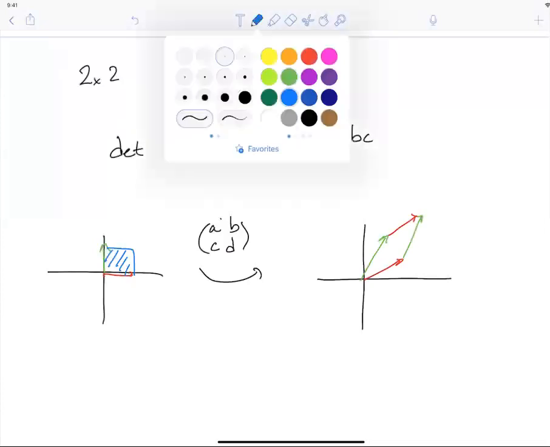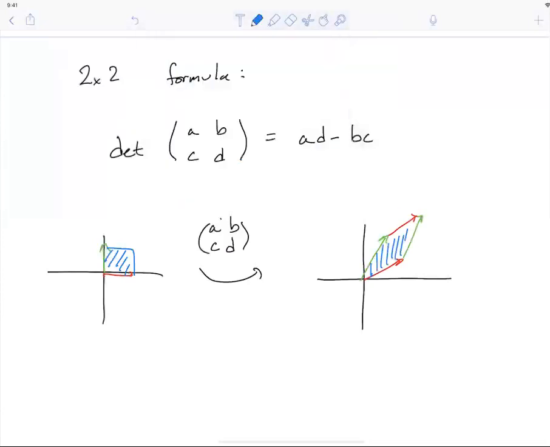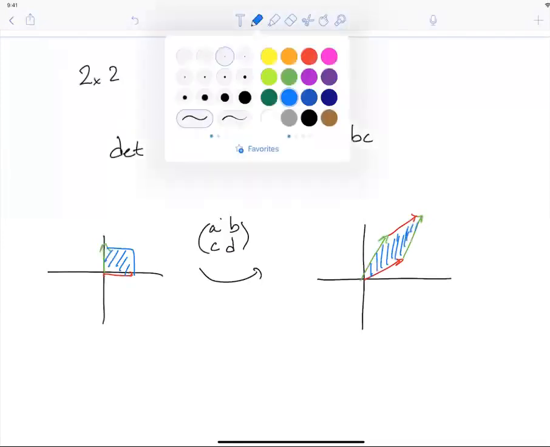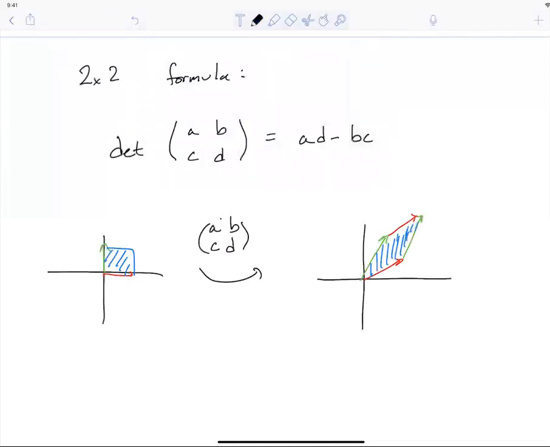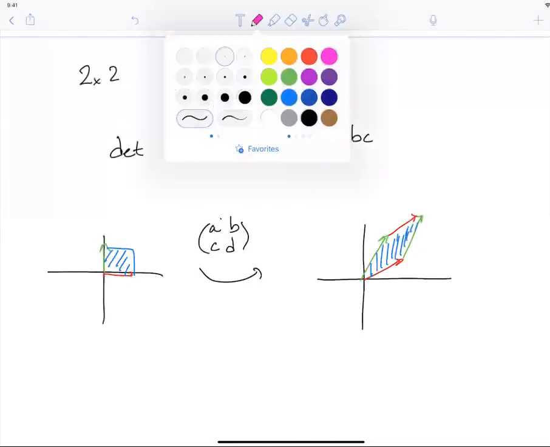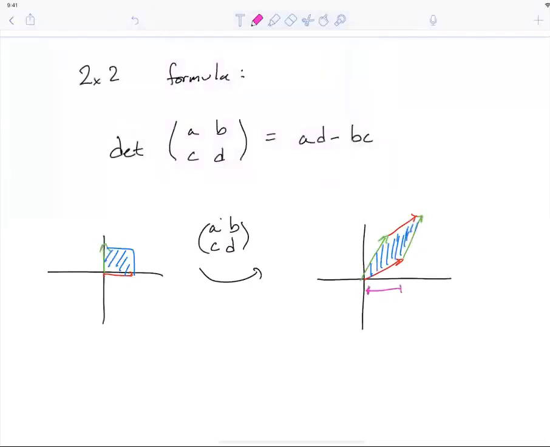And this is going to be the shape that we want. But how do we compute that shape? According to the formula, it should just be AD minus BC. But why is that? Well, we can look at this length right here. That's just going to be A. This is going to be C. And on the upper side, we're going to get the same thing here. Likewise, the heights are going to be B and D, and here we have the same things, but reversed.